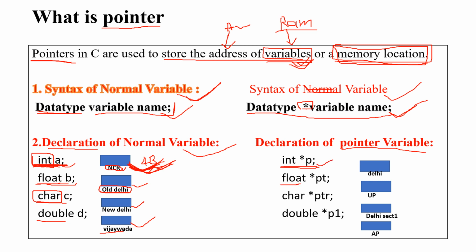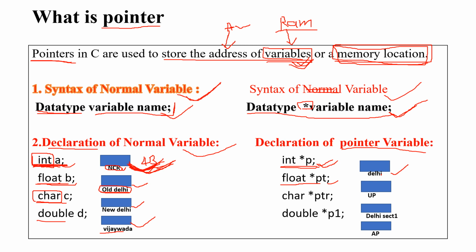I have written here float star ptr. Under the same condition, if you are writing star p, if you are declaring the pointer variable, it will also immediately allocate some space, and there is also an address, because a pointer is also one type of variable, but a special type of variable. And why do we say it is a special type of variable? Because a pointer is the single variable that stores an address.